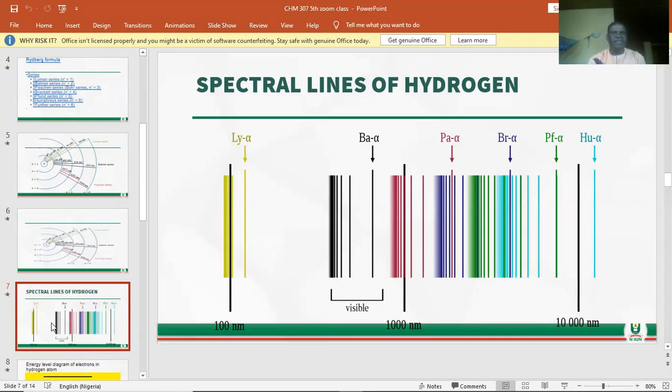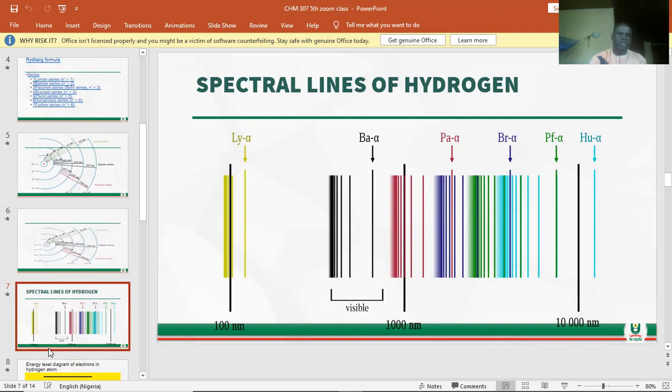You see the Lyman series around 100 nanometers and something, is it gray or yellow? I don't know how to describe that color better, but you can see the color there. You go to the Balmer series, the Paschen series, the Brackett series, the Pfund series, and the rest. So these are the spectral lines of the hydrogen atom as it continues to emit.